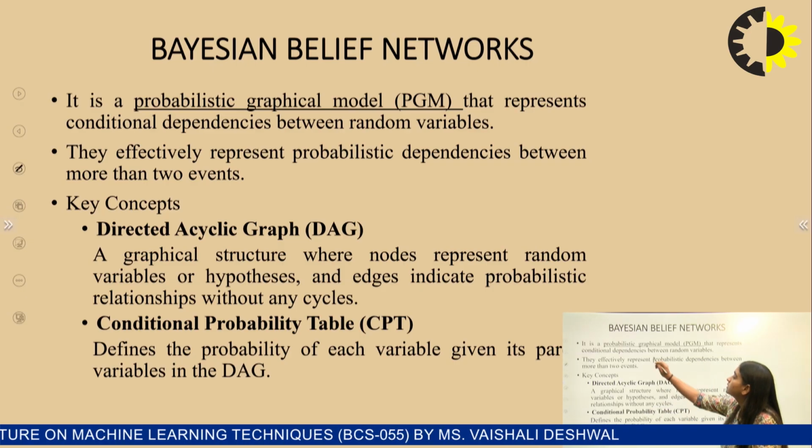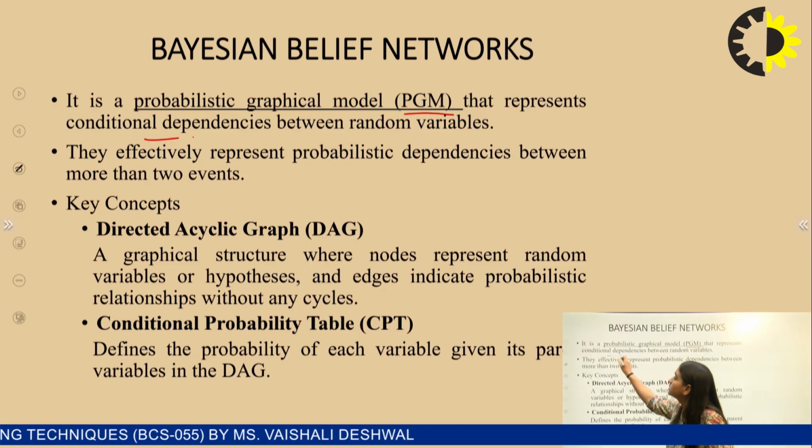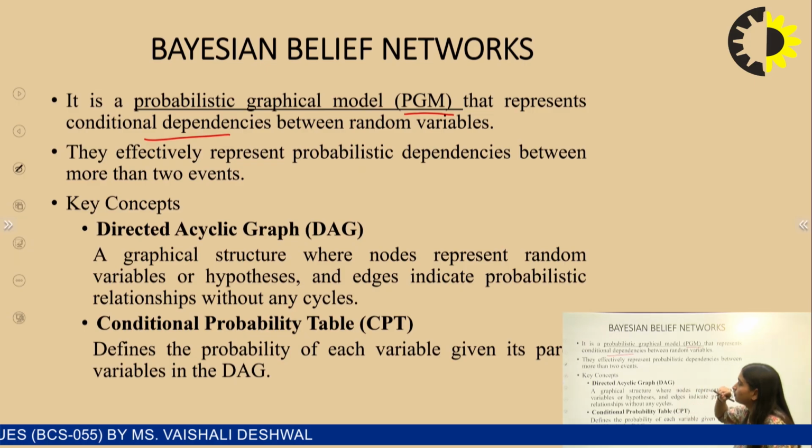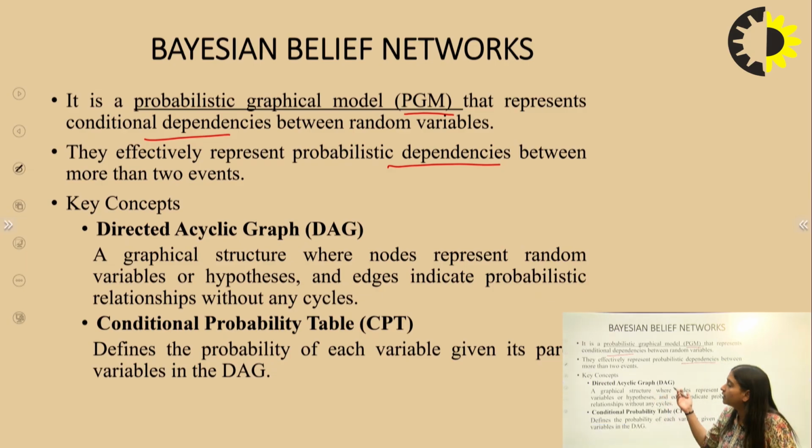The main two concepts are these: first is the DAG, the directed acyclic graph, and second is the conditional probability table, that is CPT.